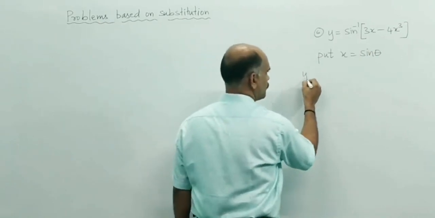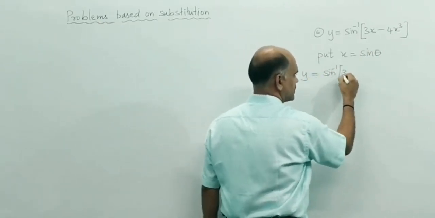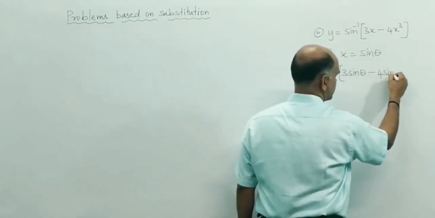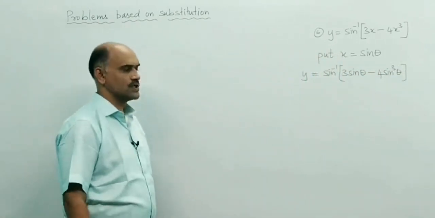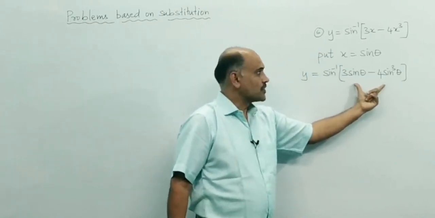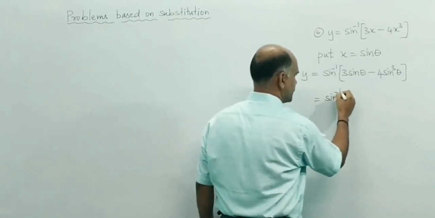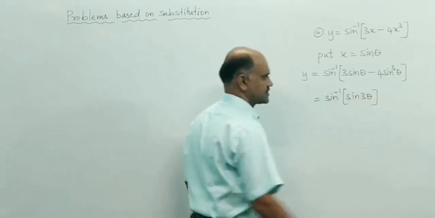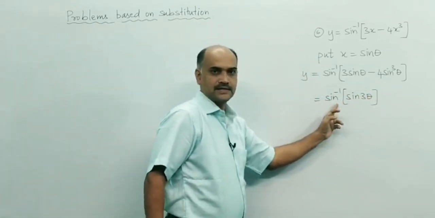So you will have y is equal to sine inverse of (3 sine theta minus 4 sine cube theta). This bracket is a formula of sine 3 theta. So this is sine inverse of sine 3 theta. So sine inverse sine gets cancelled.